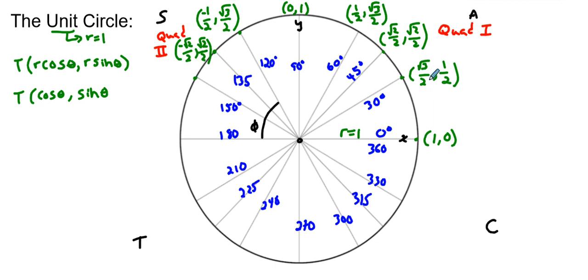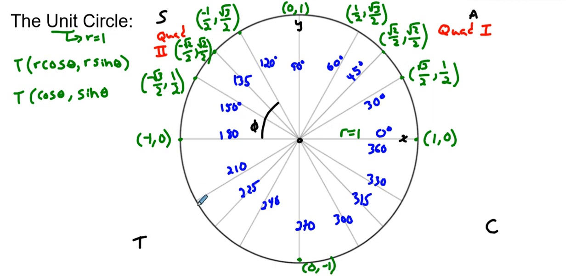And then this one will be √3/2 and 1/2, but it will be negative √3/2 and 1/2. This point, like this point, are just points on the x and y axes respectively. So this will be -1, 0, and this one down here will be 0, -1.